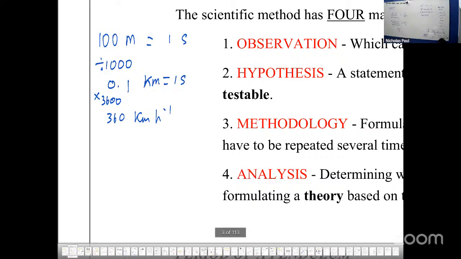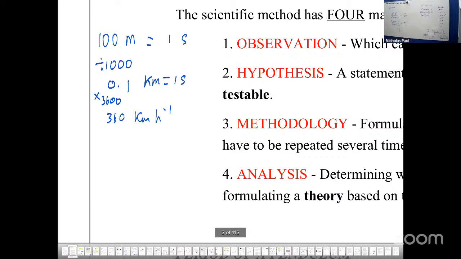That's okay? So we did the reverse. We divide by 1,000 and then we multiply by 3,600. I have a shorter way. Technically, take 100 and multiply by 3.6.